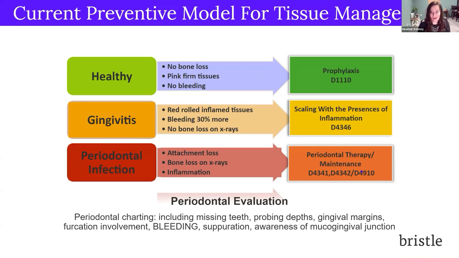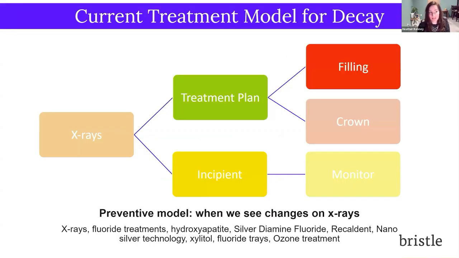So right now, for our perio patients, we are assessing the presence of the current disease process. And it's the same thing with the current treatment model for decay. We're waiting for the drill process to take place through detection with x-rays. We do a treatment plan and then implement some sort of treatment based on the presence of disease once again.